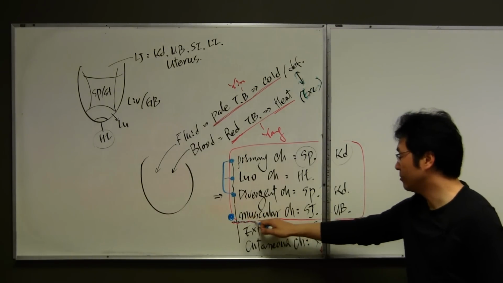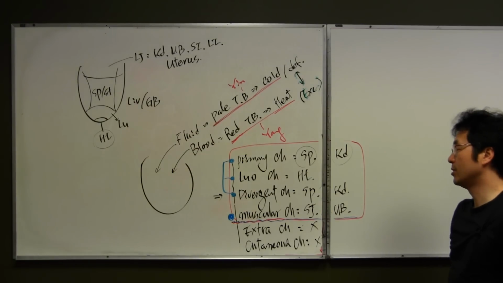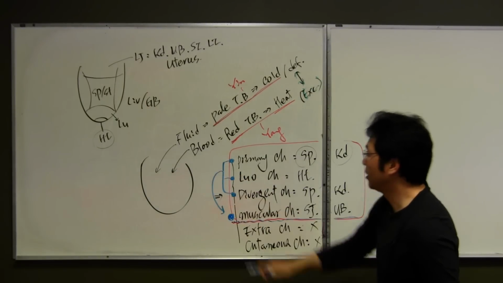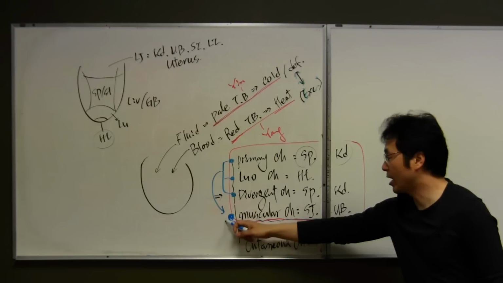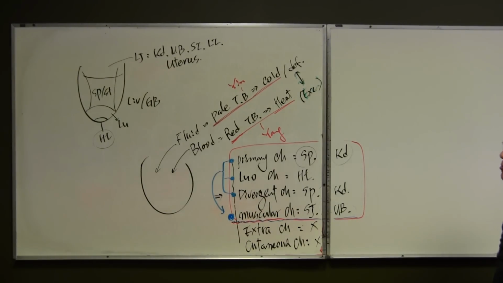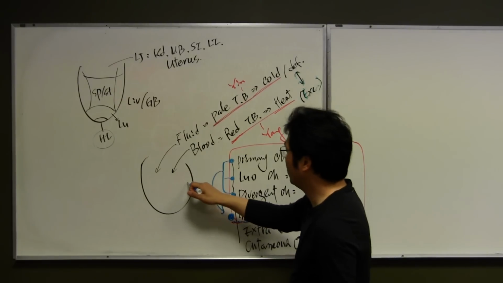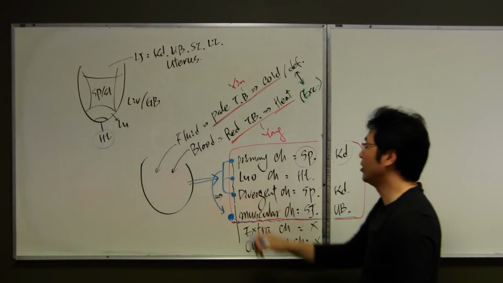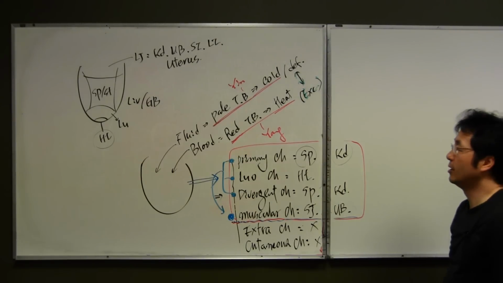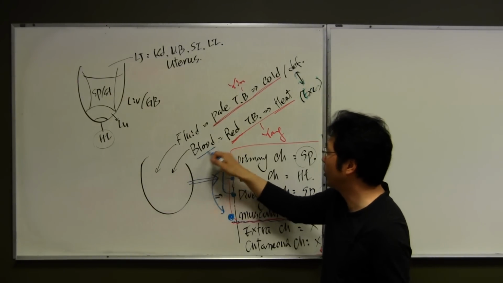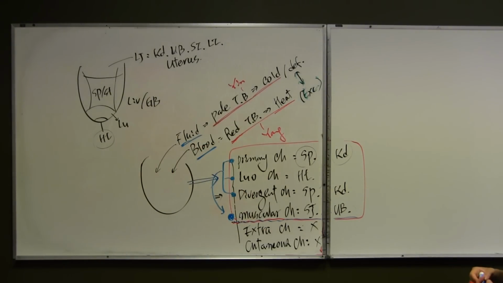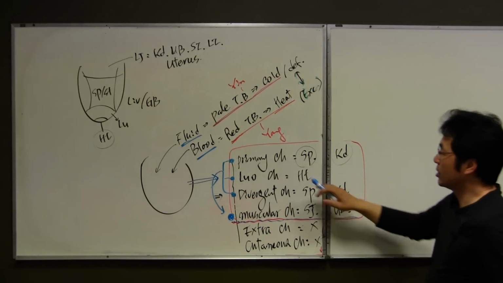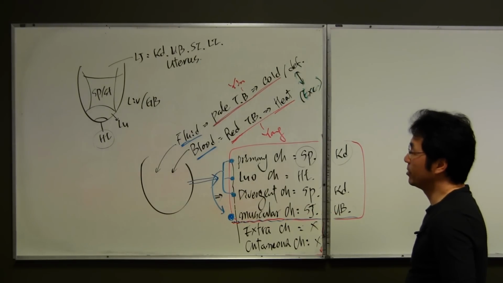It mostly receives the energy from these channels, and then produces the movement. So this is not a main pathway for the circulation of qi and blood. Okay, so which ones are directly related with the tongue? These three. At the same time, they provide the pathway for the blood and fluid to flow into the tongue body part.